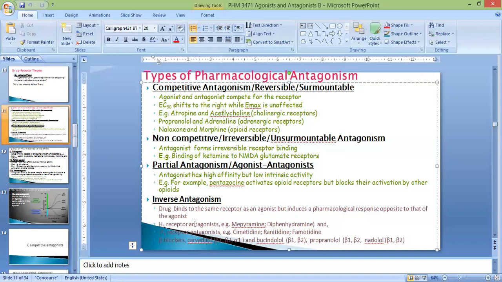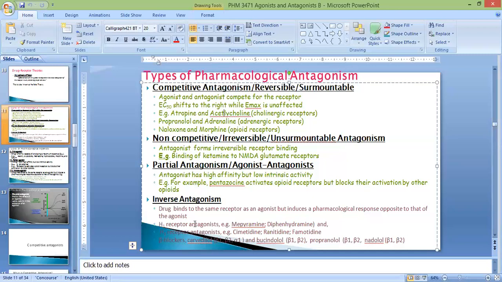So in our case, the most common type of inverse antagonist is the antihistamines like diphenhydramine. As much as we say they are H1 receptor antagonists, in actual pharmacology they are inverse agonists of histamine receptors. So your diphenhydramine, once it binds to your histamine receptors, it induces the opposite action of histamine.